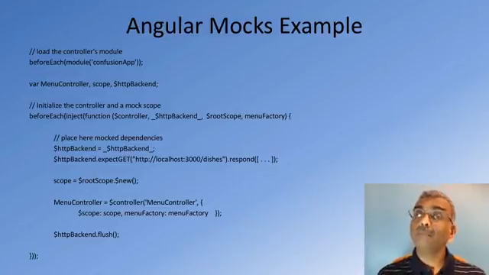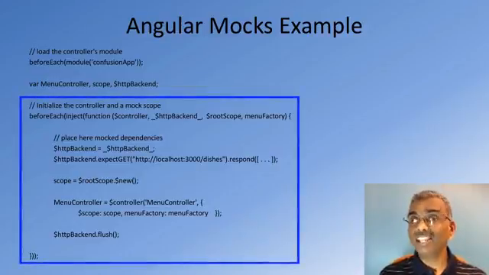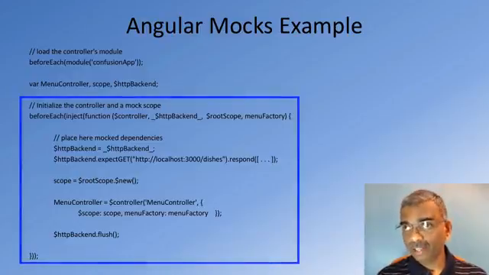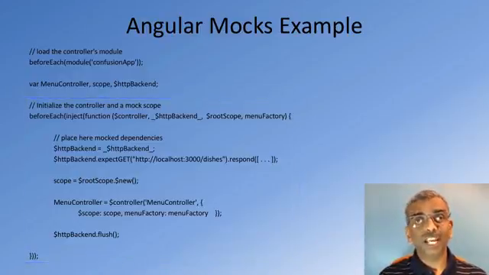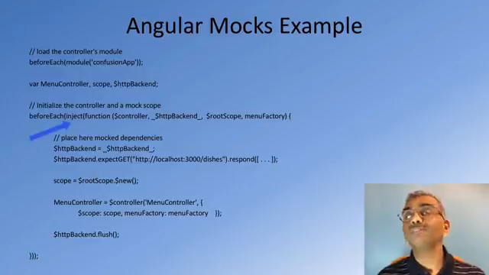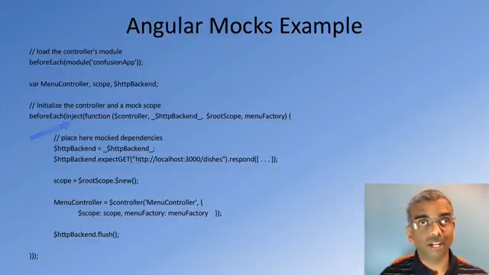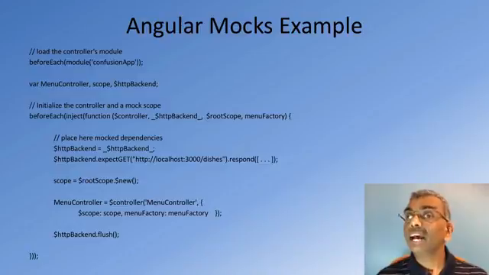Not only that, before carrying out the test, we're going to inject some mock components into place. That is where we make use of the inject function that is provided by Angular mocks. So we say beforeEach inject, and then in the parameters you see me using $controller, _$httpBackend_, $rootScope and menuFactory.